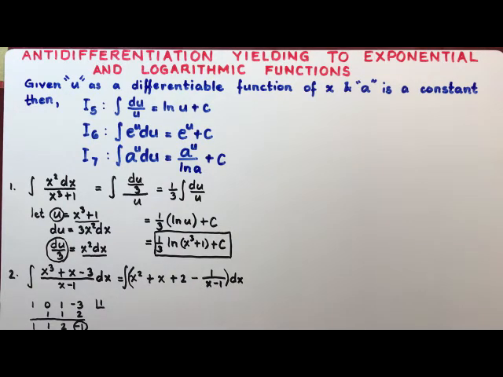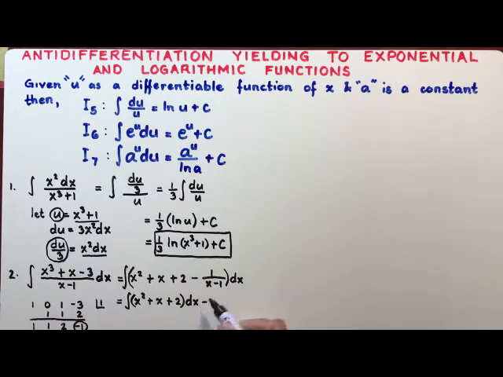But that's no problem because I can rewrite this like the integral of x squared plus x plus 2 dx, because I can separate this polynomial from this rational by applying formula number 3 in the previous video, that we know that the integral of a difference is equal to the difference of their individual integrals.